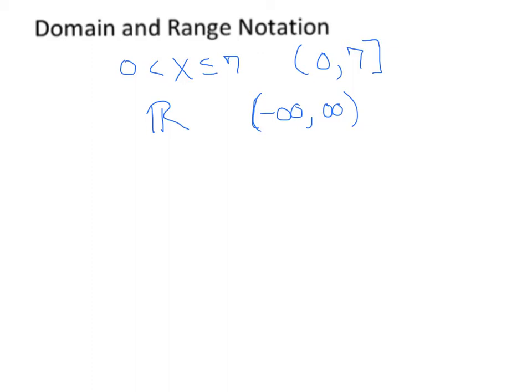The other thing that we can consider when using domain and range is how we link things together. One of the problems that we looked at before had x greater than or equal to 0, and then x greater than 2, less than or equal to 4.